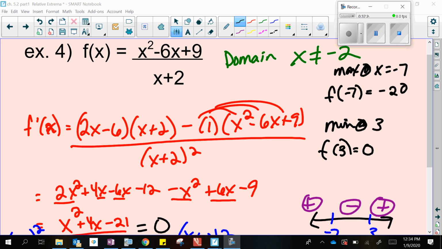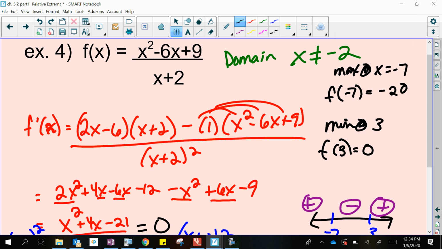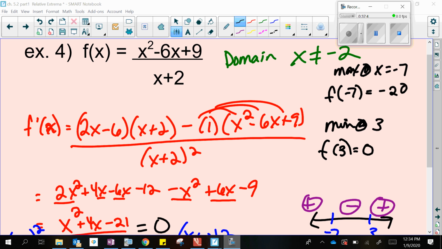Yeah, because it's negative. So yeah, I think that's right. Yeah, negative 20. Okay. Well, actually, I'll look at this while we go to lunch. So we have a max at -7 of -20 and a min at 3 of 0.